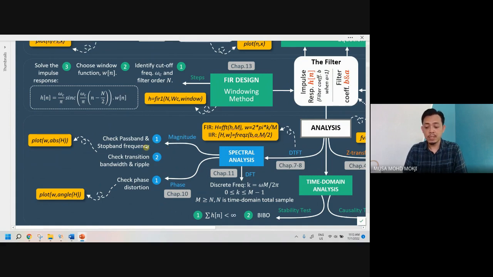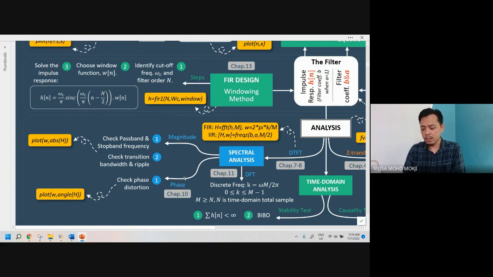If the magnitude value of the filter is 1, that frequency will be retained 100%. If the magnitude is 0, that frequency will be removed 100%. If the magnitude is greater than 1, that frequency will be boosted, so you increase the amplitude of that frequency. That's on magnitude.